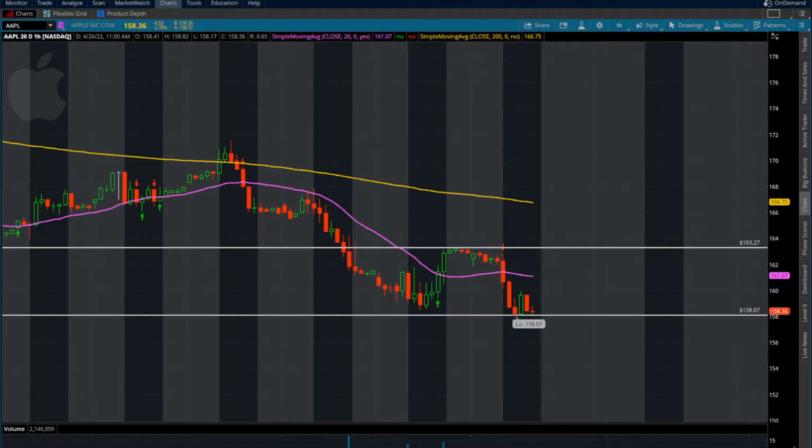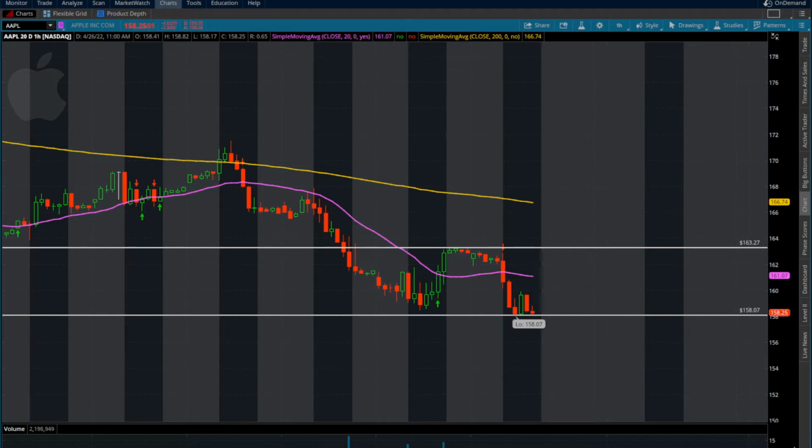Now, what I'm looking at here on Apple is the 1 hour time frame. What I'm also seeing is that we do have lows of $158. We breached below yesterday's lows and put in a new low today. Didn't really go too much, but we've been trading sideways, right? With the exception of 1 hour out of today, we've pretty much been trading sideways all day.